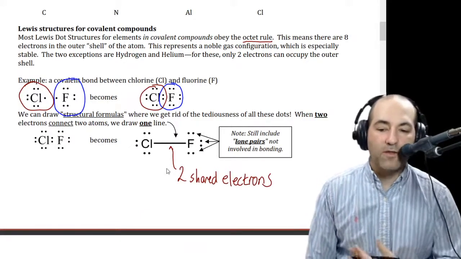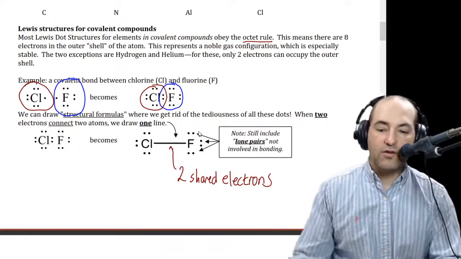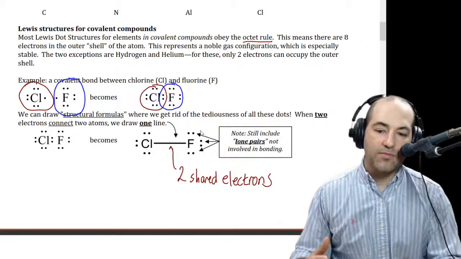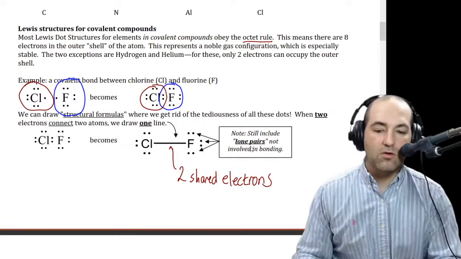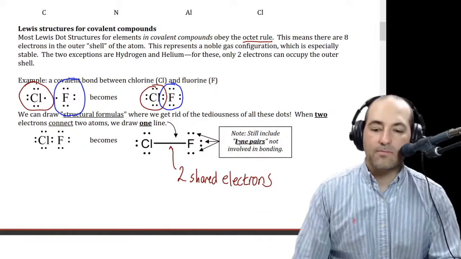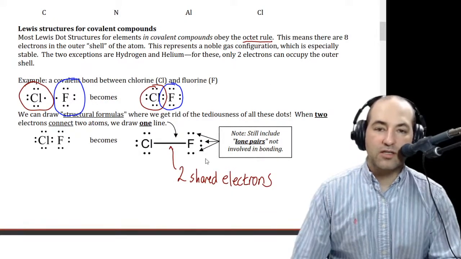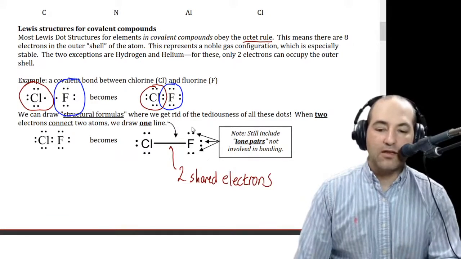So we would say they both have full octets here. Other electrons that sort of just come along with the atom are not involved in bonding, and those are called lone pairs of electrons. Sometimes they're called non-bonding electrons. Those are just electrons that are kind of hanging out on that atom and not participating in the connection.